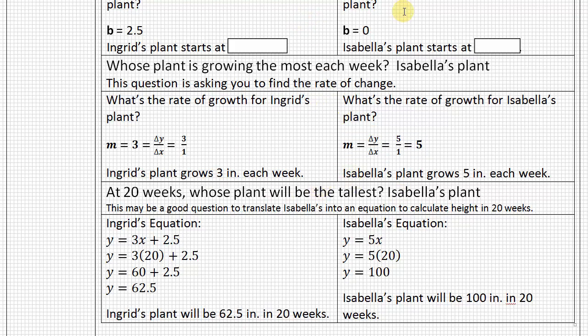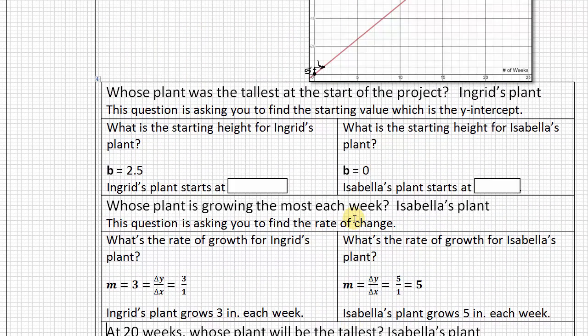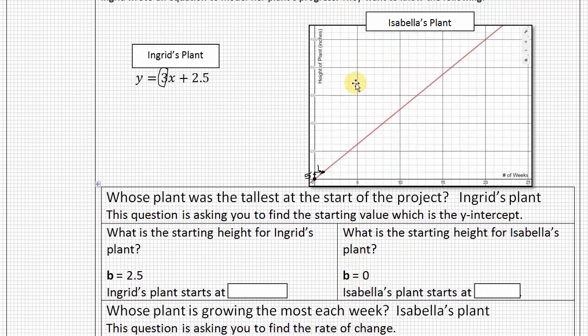So yet another example of how we use slope and y-intercept to compare, and looking at all the different views. And one of the things I hope you're seeing is that to be really exact, although we might be able to see it on the graph, some graphs are going to give us a value. Like, in this one we don't have necessarily a good example, but if I had asked in 10.5 weeks, how tall is the plant?